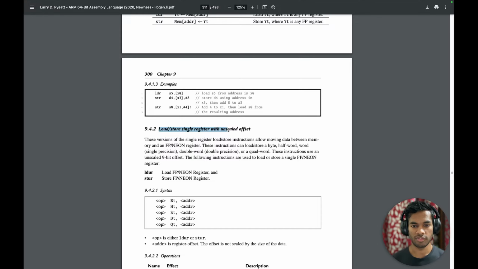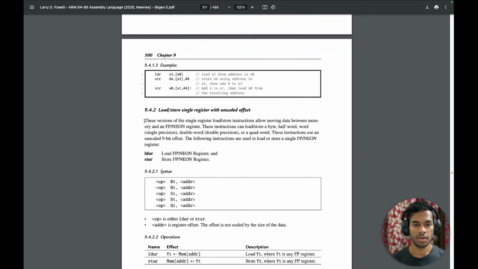Load store single register with unscaled offset. With unscaled offset, just like this. And this one was pre-increment. These versions of the single register load store instructions allow moving data between memory and FP Neon registers.